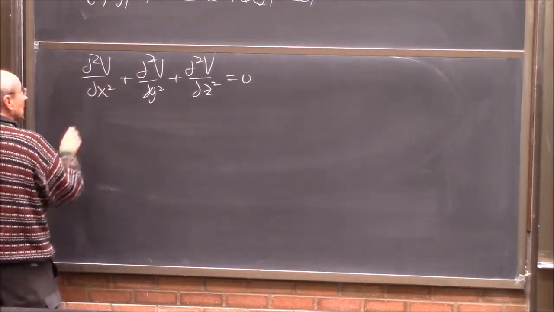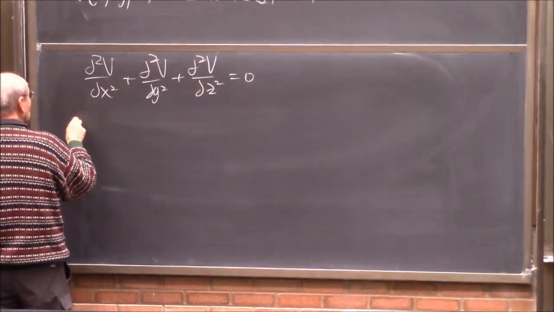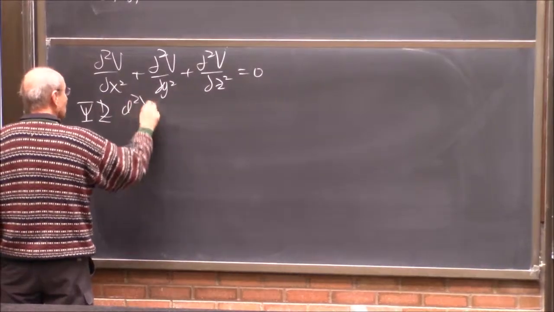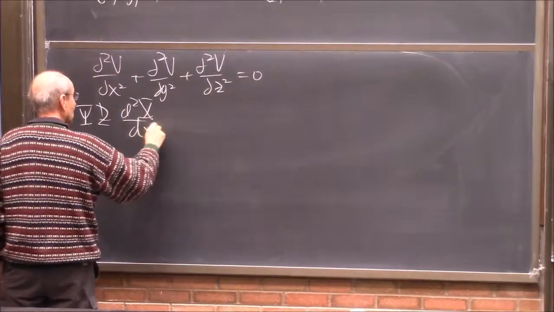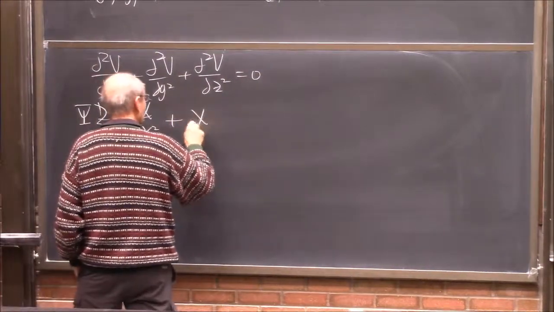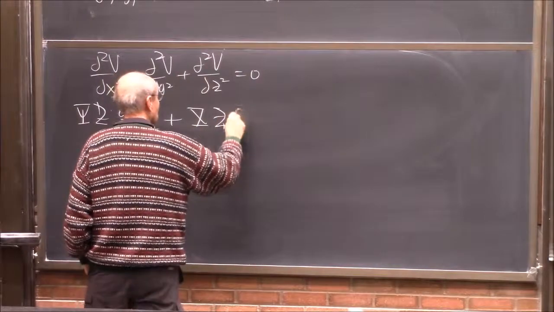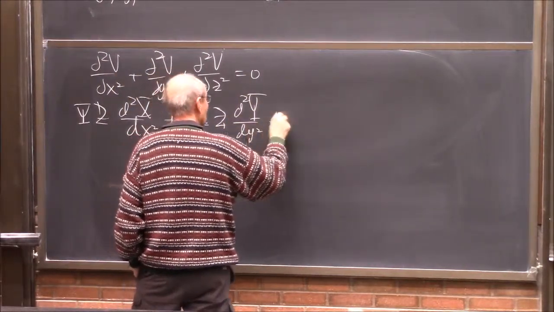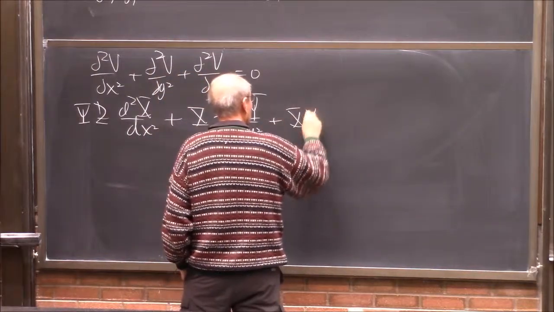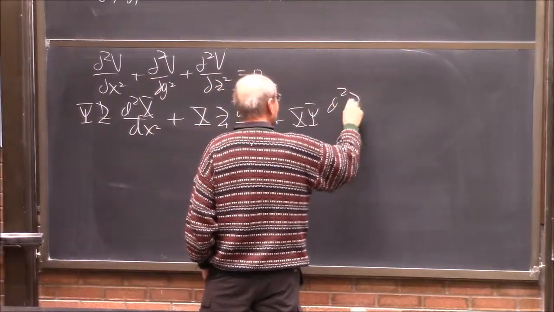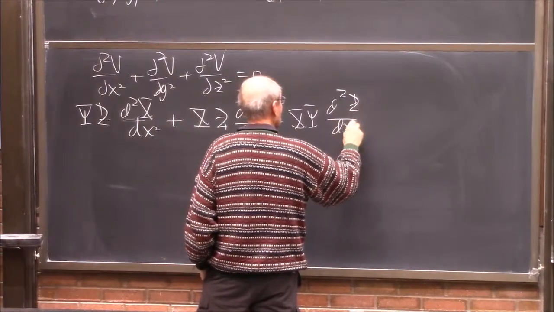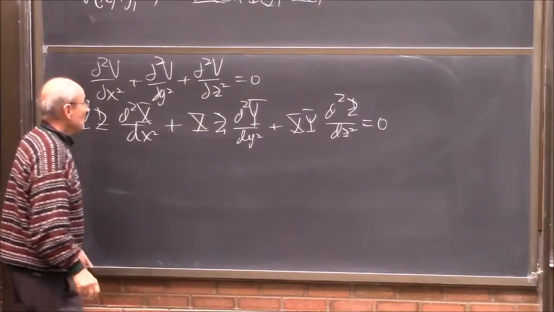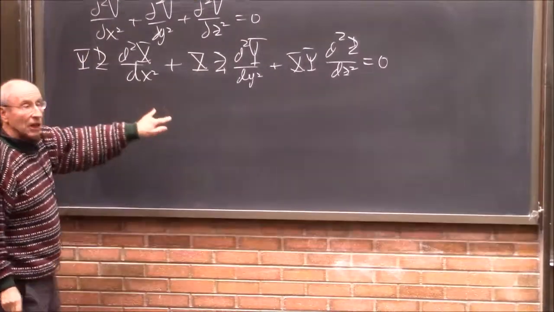And when we did that and substituted it in, we got y times z times d squared x dx squared plus x times z d squared y dy squared plus x times y d squared z dz squared was equal to 0. And then we simply divided by x, y, z.